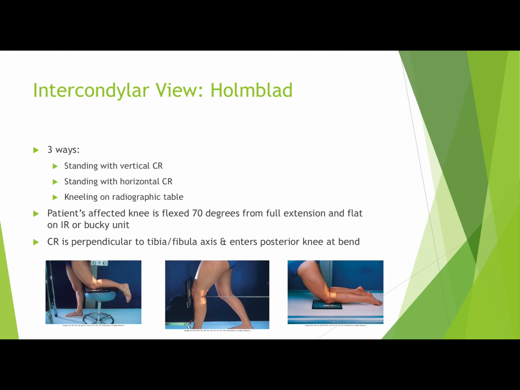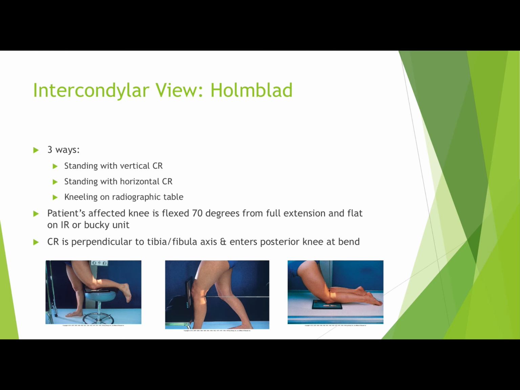Another type of intercondylar view would be called the Holmblad method, and there are 3 ways of doing it. You can either have the patient standing with a vertical central ray, as shown on the bottom left-hand image, or standing with a horizontal central ray, shown as the middle image, or kneeling on the radiographic table, shown on the bottom right image, but that's not really the ideal position for patients because that's very uncomfortable.